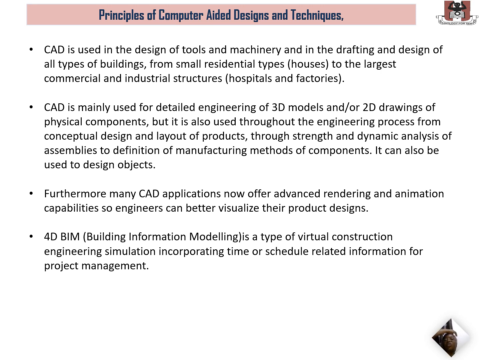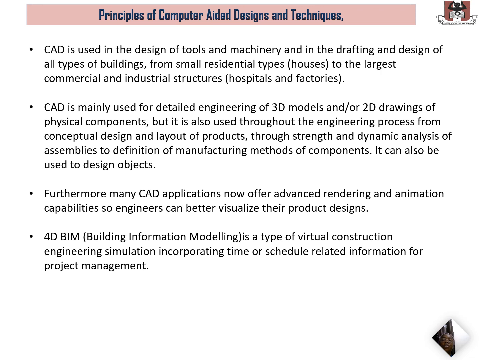But it is also used throughout the engineering process, from conceptual design and layout of products through strength and dynamic analysis of assemblies to definition of manufacturing methods of components. It can also be used to design objects.